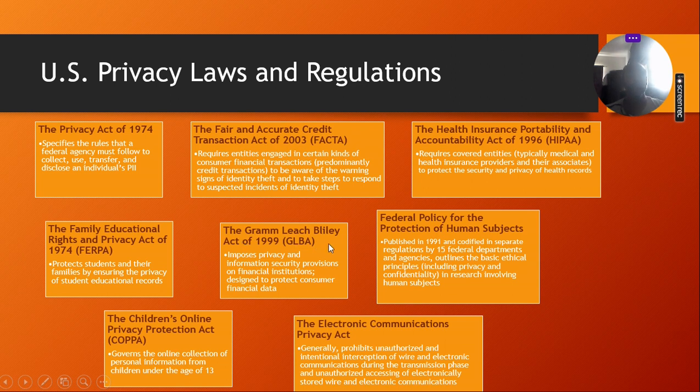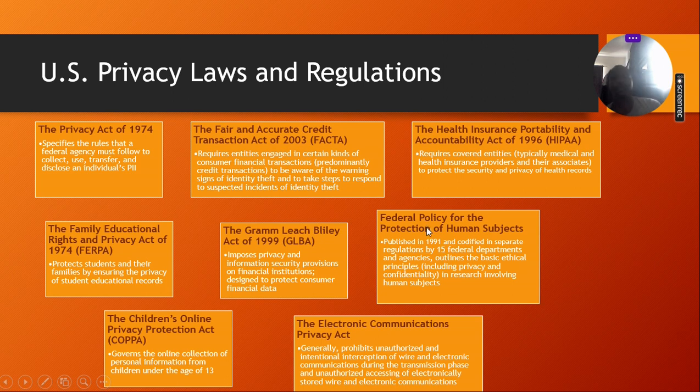Okay, the Gramm-Leach-Bliley Act of 1999, which imposes privacy and information security provisions on financial institutions designed to protect consumer financial data. Okay, this one is a law designed to protect the financial data of individuals in dealings with financial institutions.